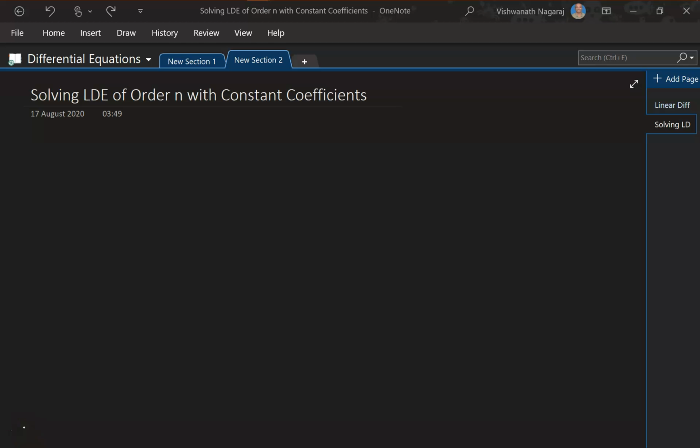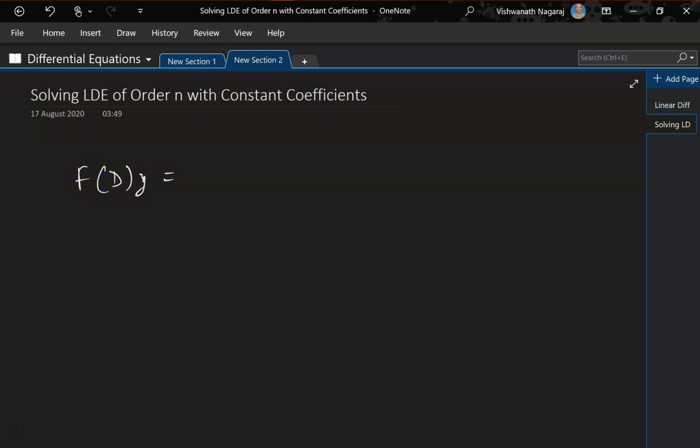Now let's see how to solve linear differential equations of order n with constant coefficients. Let's see. F of D y is equal to, we know, a0 D^n plus a1 D^(n-1) plus a2 D^(n-2) and so on up to an, equal to 0.